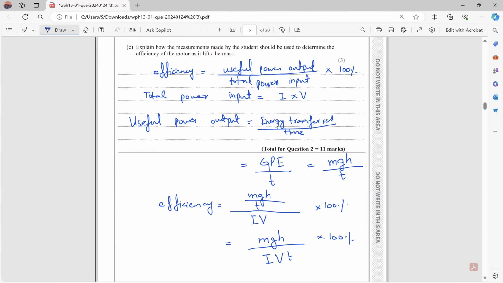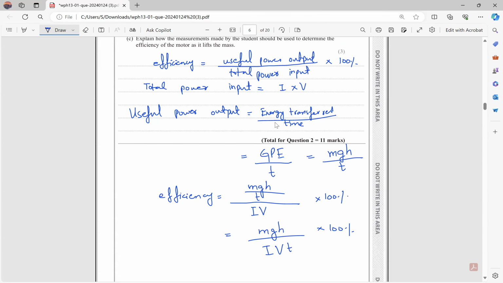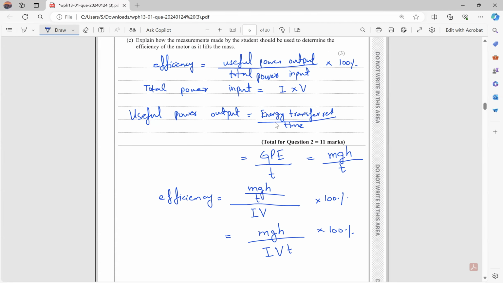So the measurements that the student made can help her find out the efficiency because she knows the mass, g the constant, she measured the height, current and voltage, and the time she also measured. So this is how she can find the efficiency.